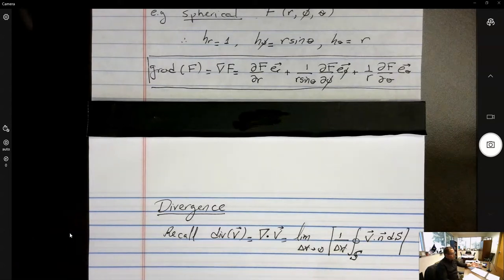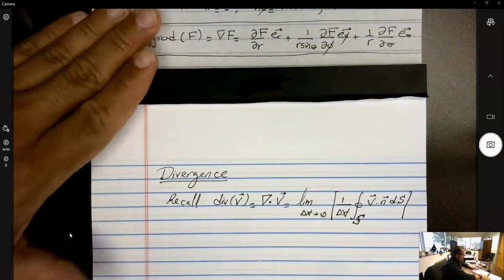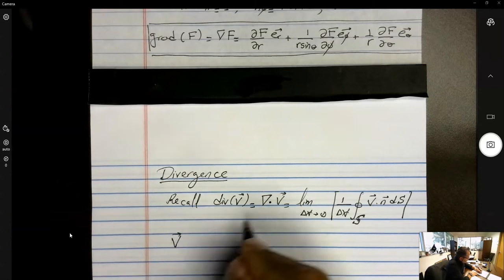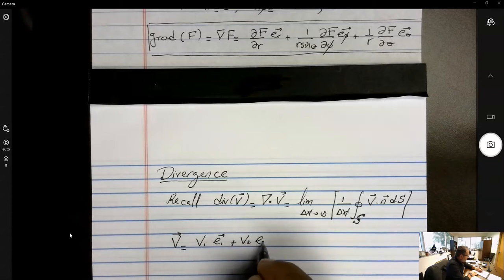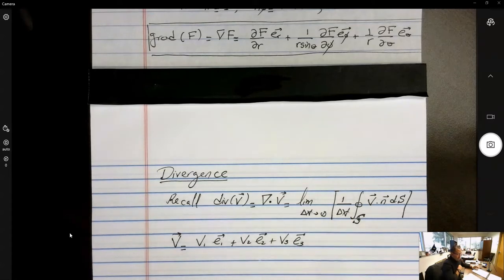Now we need to do this in another coordinate system. And let's say that V is some vector field that is V1 in the first direction, V2 in the second direction, and V3 in the third direction. All right. Now I'm just going to write it for you, how it's going to end up being.